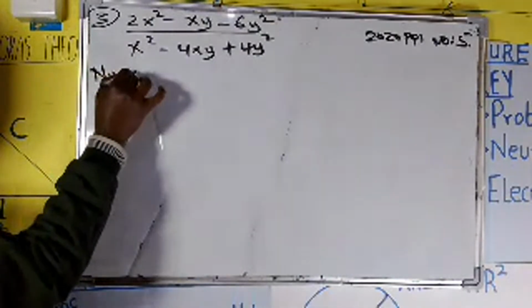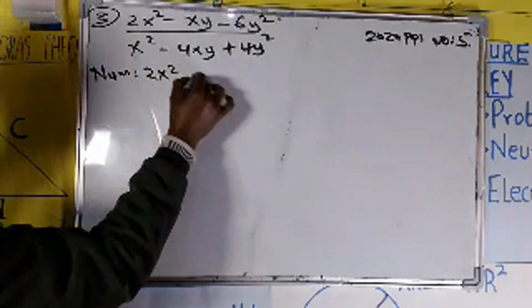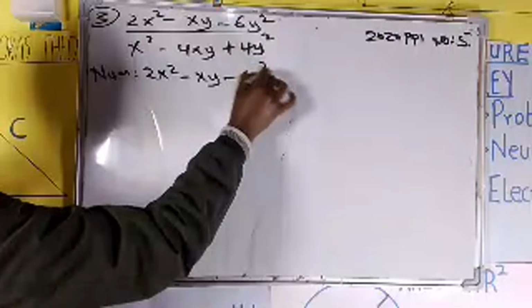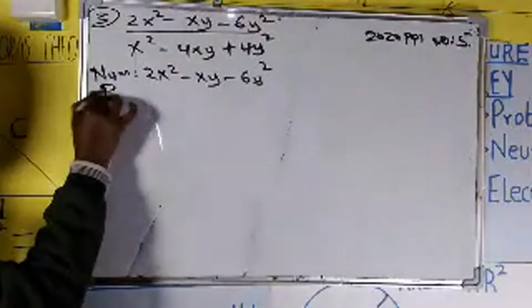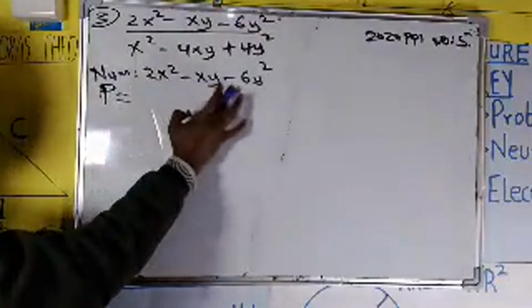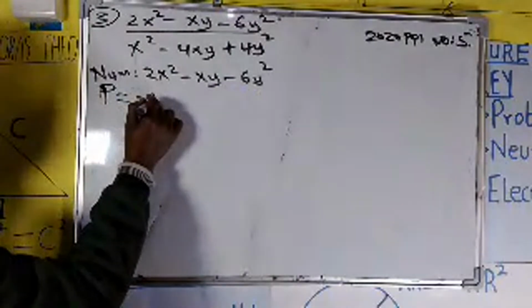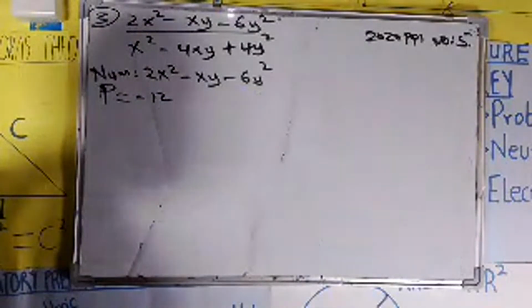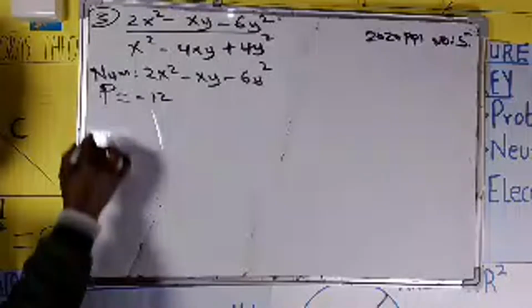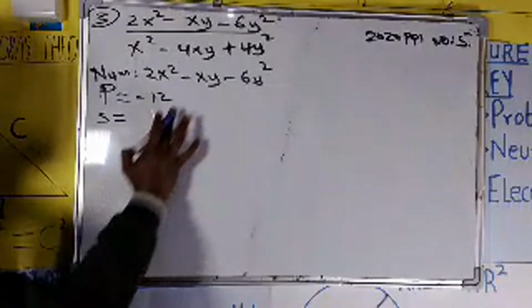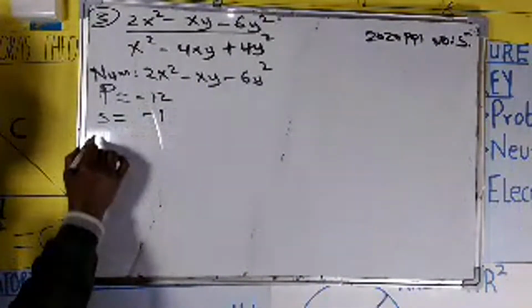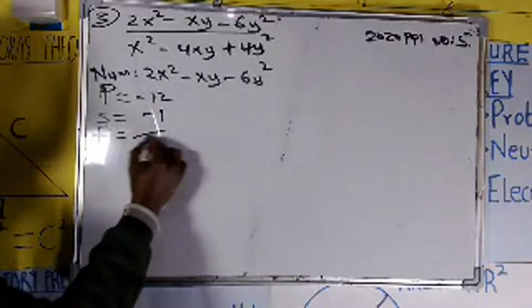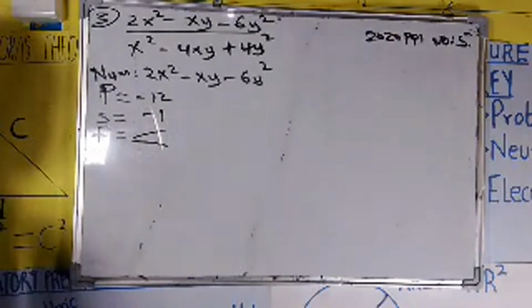So we have the numerator, which is 2x squared minus 8y minus 6y squared. So our product is 2 times negative 6, which is negative 12. Then we have our sum, which is negative 1. So our factors will be 2 numbers.